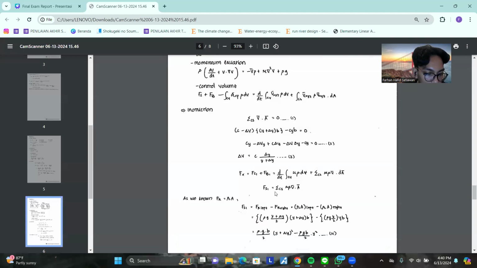The steady term d/dt disappears as the flow is steady by these assumptions, and the body force is 0 for a horizontal flow. So we can obtain Fs1 equals the sum over the control surface of u rho V times area.